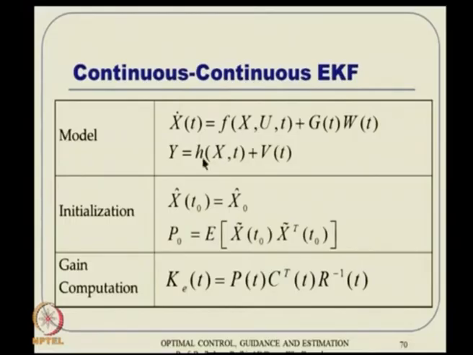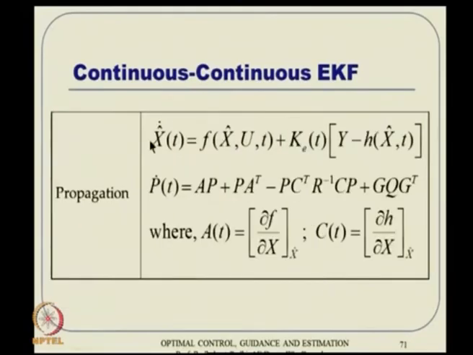That is the whole philosophy there. So, the operation happens to be like this. You start with the initial guess value for the state and initial guess value for the covariance matrix. Then you compute the gain. Then you can propagate the system dynamics, as well as the Riccati matrix, in these two equations.